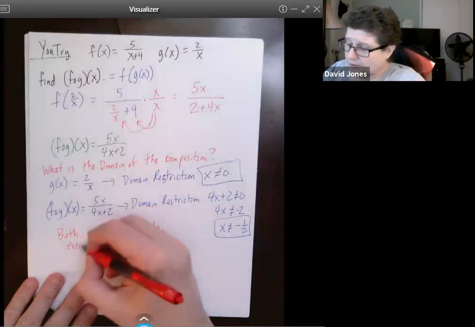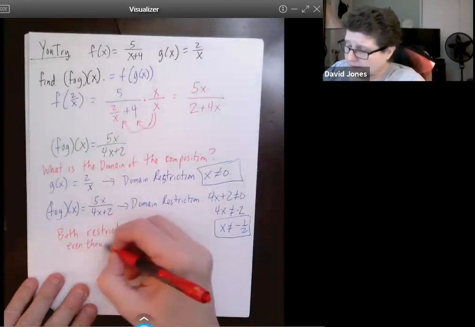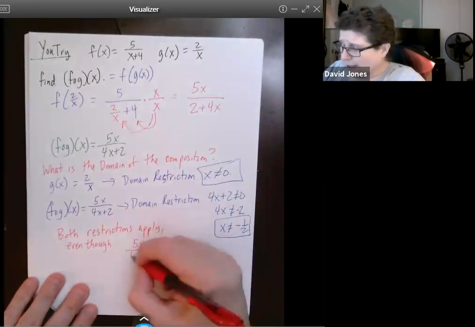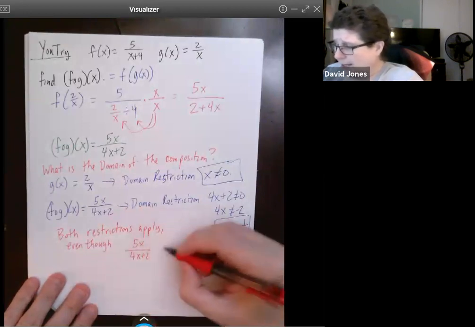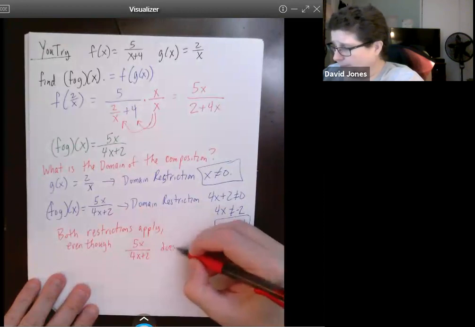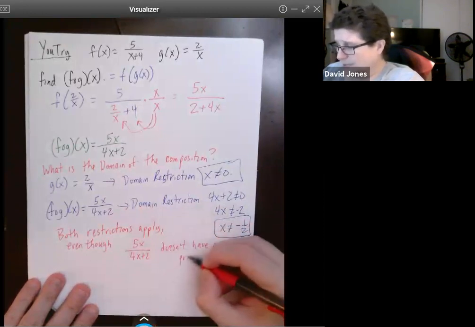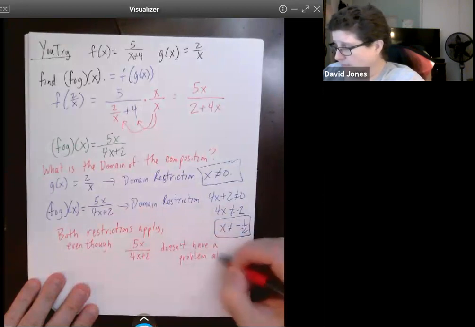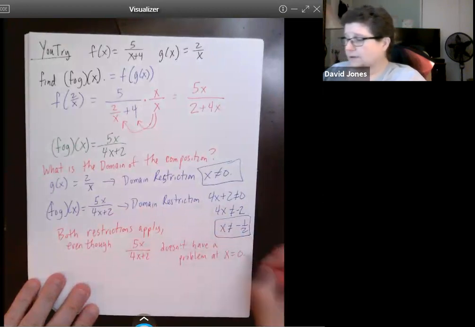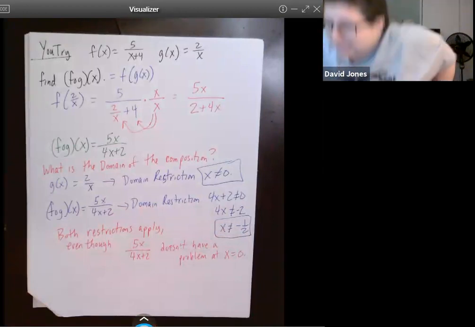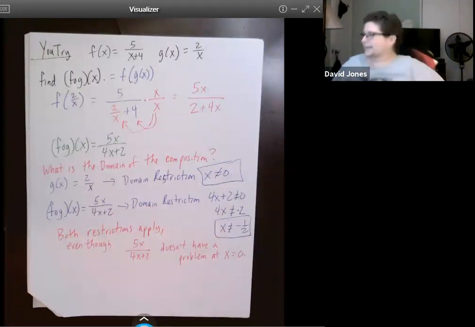Even though 5x over 4x plus 2 doesn't have a problem at x equals 0, it violated g of x. And since it's a composition of the two, we can't have it.